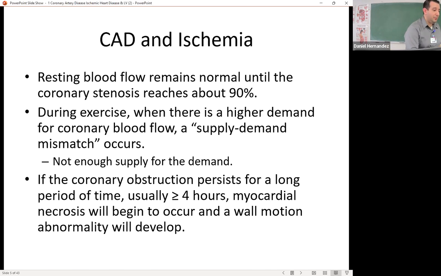That's why we do our exercise stress tests, or our pharmacological stress tests, to put stress on that heart and increase the oxygen demands of the myocardium. We're trying to induce a supply demand mismatch in order to unmask these blockages, or stenoses, within the coronary arteries.